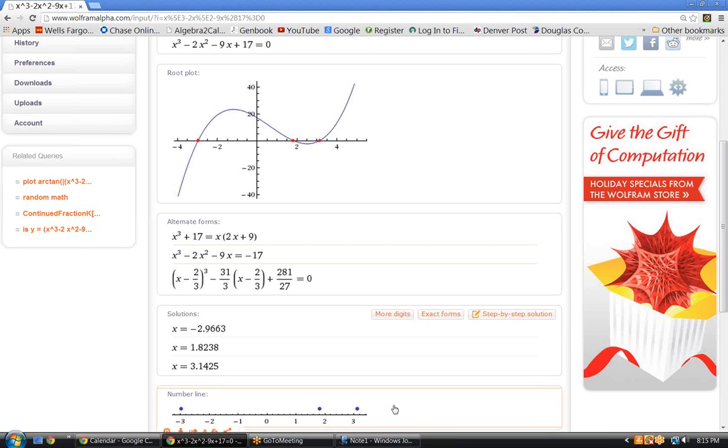Well, that appears to be 3 irrational solutions, which I find a bit interesting. I'm not sure how you get 3 irrational solutions because I thought irrational solutions came in pairs.